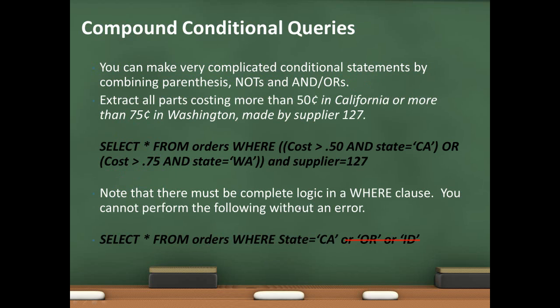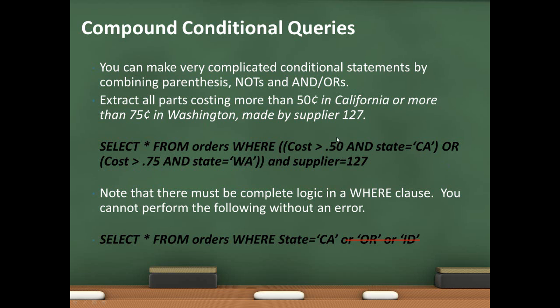And we can also do compound statements in SQL, I want to point out. A compound statement is where we're going to use those ANDs and the ORs. The ANDs and the ORs work just like programming, where the innermost parentheses are evaluated first. Notice here in this statement I've got an outer set of parentheses, that starting and that ending, but I've got an inner parenthesis here and an inner parenthesis here. The inner parentheses are going to be evaluated first, and then it's going to do the outer parentheses.